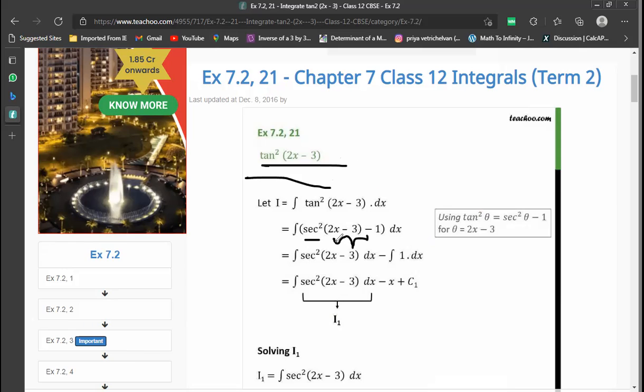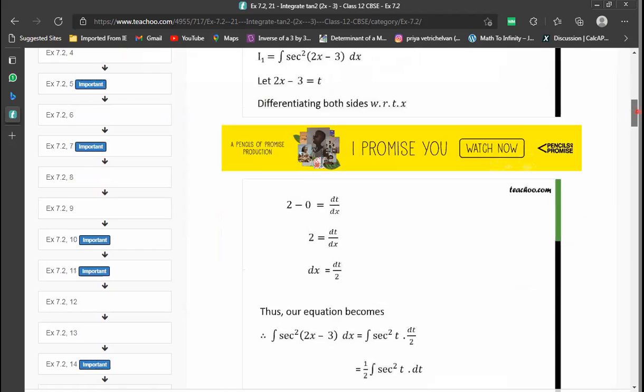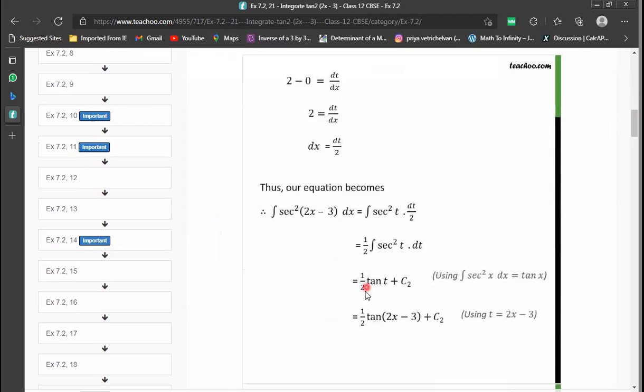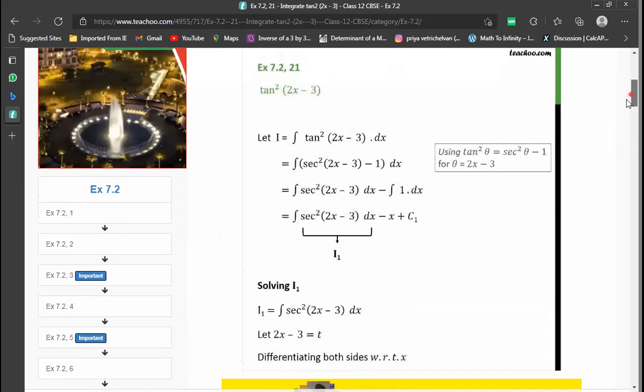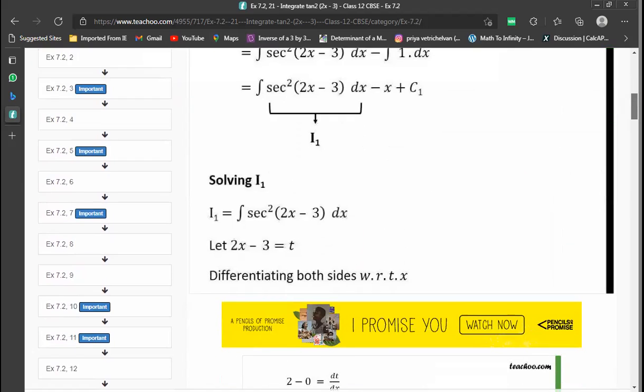So it's secant square. What is theta? Theta is 2x minus 3. You have minus 1 here; you write that as well. By using the distributive property, you can split the integral into two terms. What is the integration of secant square theta? It is tan theta, but you have 2x minus 3 here, an expression, not a variable, so you have to go for substitution.